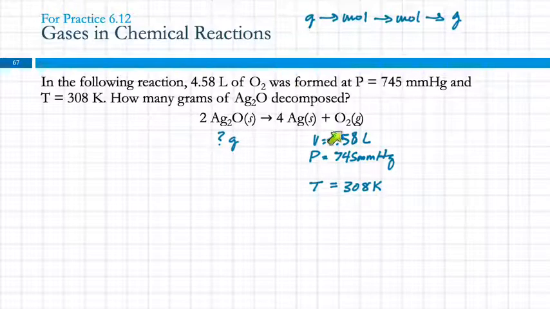But at the beginning, we don't have the mass of oxygen. Now, could we calculate the mass of oxygen? We could, but we don't need to because we can use the ideal gas law to take this information and directly calculate the moles of the gas. So instead of having a mass here, we've got pressure, volume, and temperature, and that allows us to calculate moles of gas.